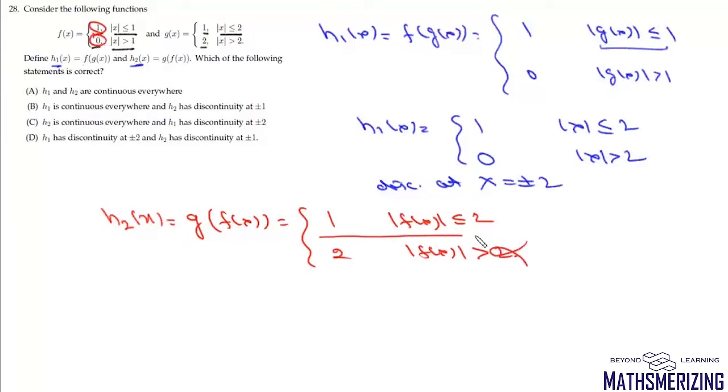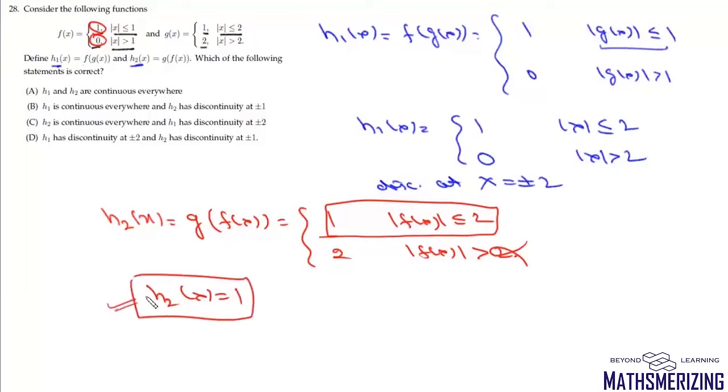So the only option that we have here is that g of f(x) will be 1. So this h2(x) is nothing but a constant function. So this function will be continuous for all x belongs to R. So the answer to this question is h1 is discontinuous at plus minus 2 and h2 is continuous. So h2 is continuous everywhere and h1 has discontinuity at plus minus 2, and that's your option number C.